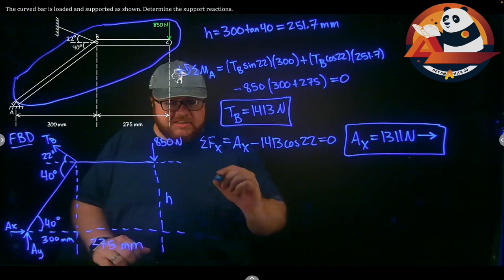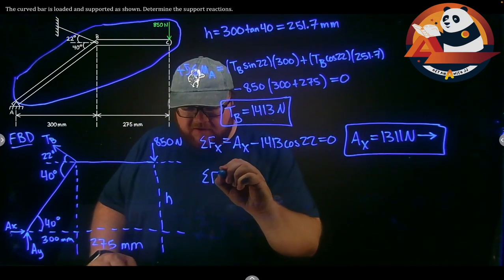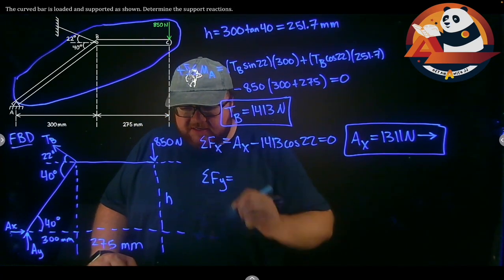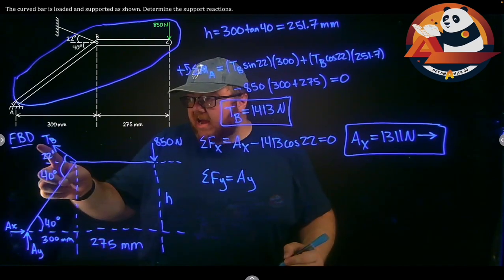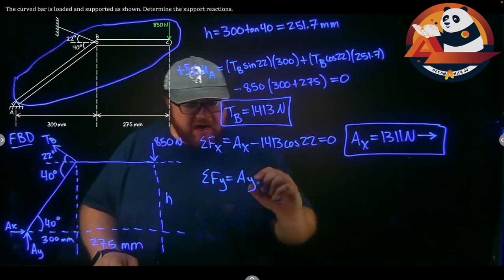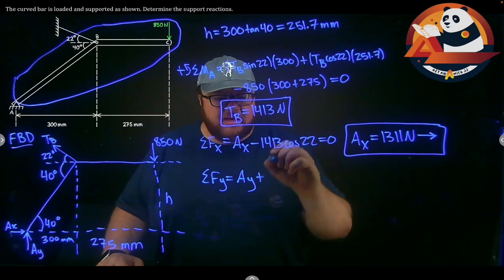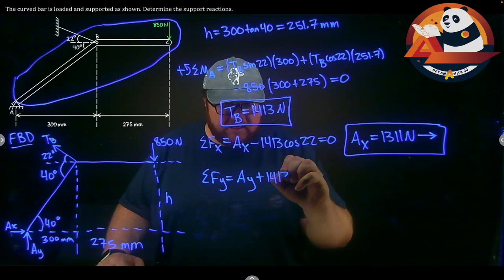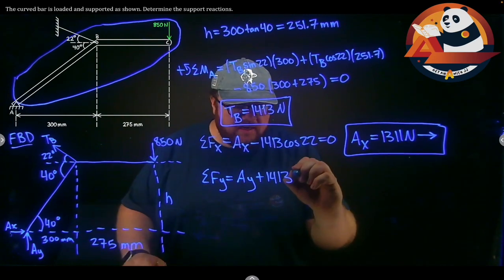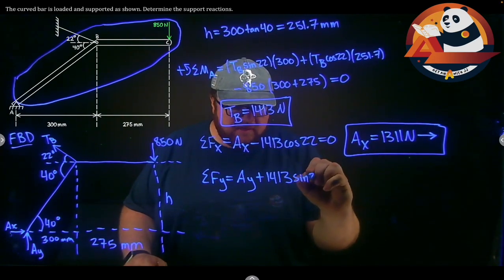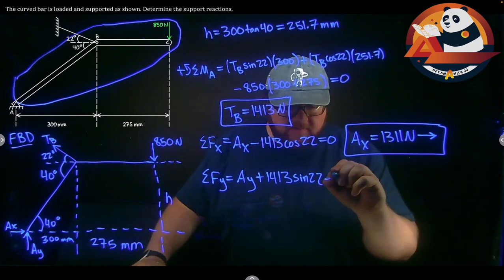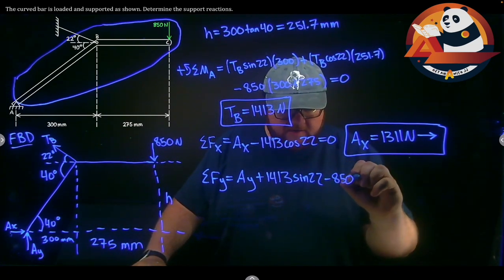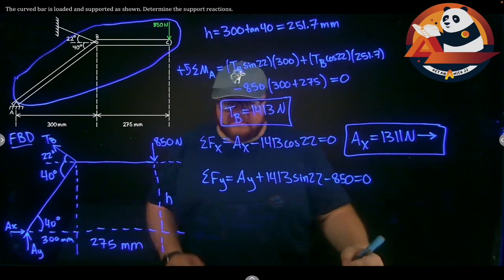Finally, I can sum forces in the Y. Summing my forces in the Y direction, I have AY going up, I have a Y component of TB going up, plus TB is 1413, I want the Y component, so sine 22, and then minus 850 gets us to 0.